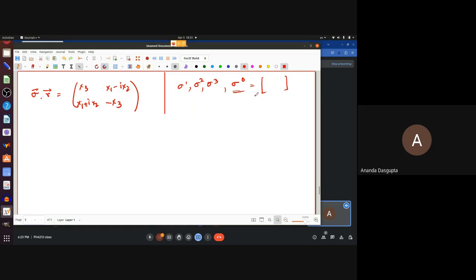I'm asking you to guess. All zeros? Sigma dot R is a linear combination of the sigmas. If I want to add one more matrix which is completely null, linearly combining that will not change anything. So you might as well drop it.